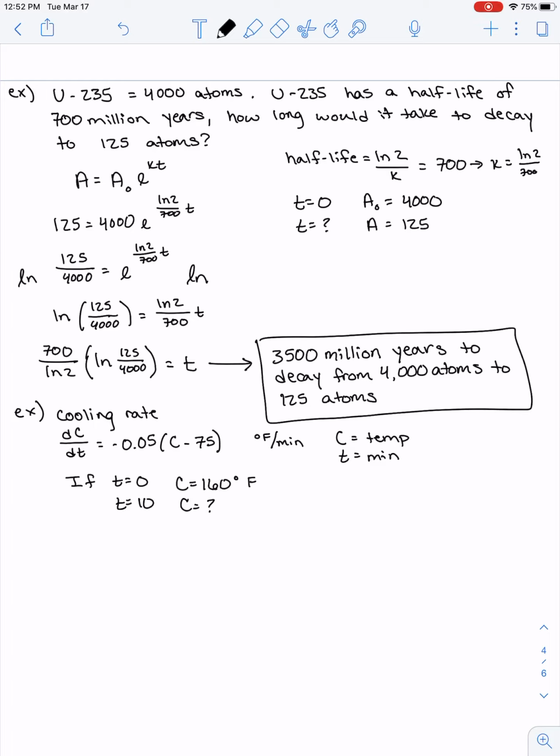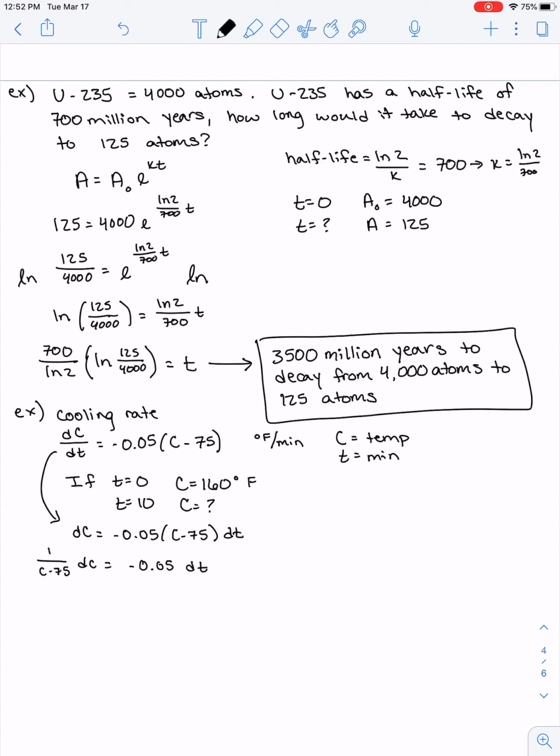So let us bring this equation, separating the variables, and we get dC is equal to negative 0.05 (C minus 75) dt. Well, I have a C on the side where it's a dt, so I need to divide by that. And I get 1 over (C minus 75) dC is equal to negative 0.05 dt.